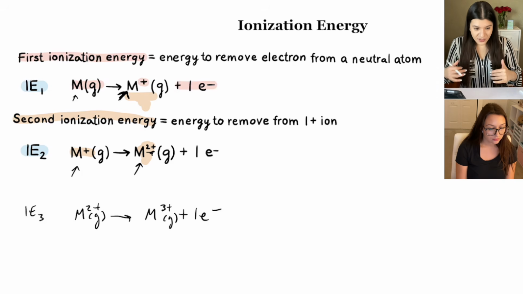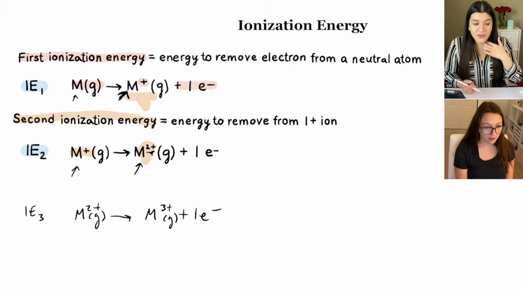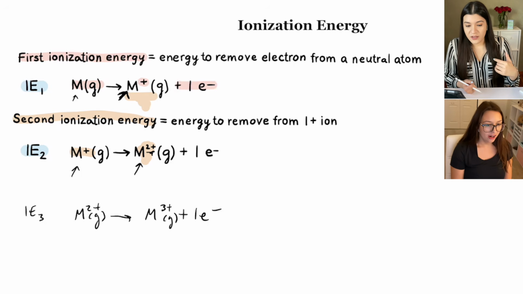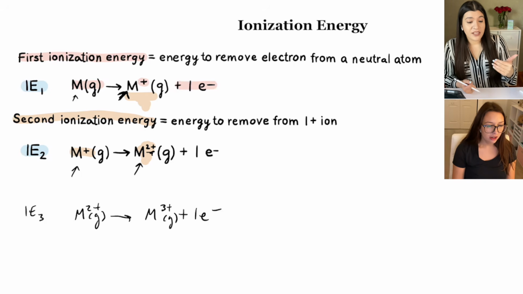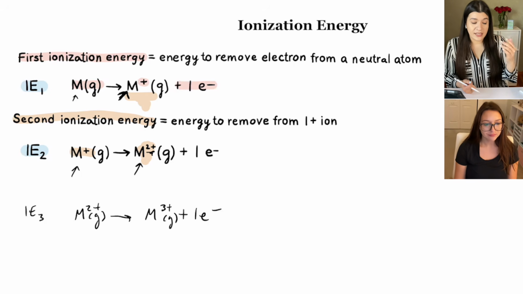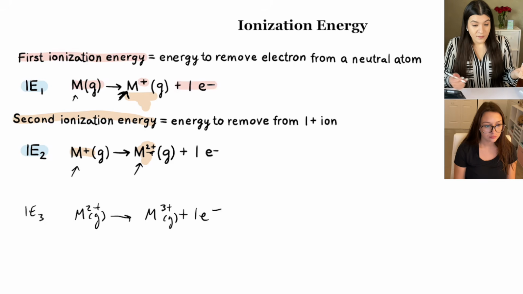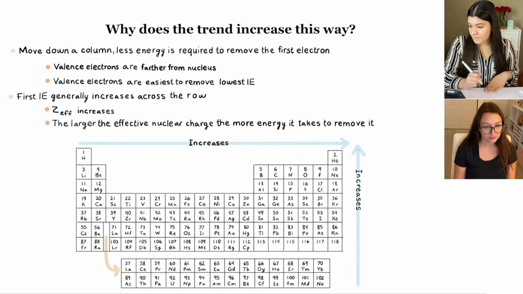And the same goes for the next one. It's going to be even higher, again, with our energy level to remove a third electron, a fourth electron, and so on. So I would say the first ionization energy is going to be the lowest energy, and then everything thereafter is going to keep building, and it's going to keep growing. Makes sense? Yes. Okay. Cool.